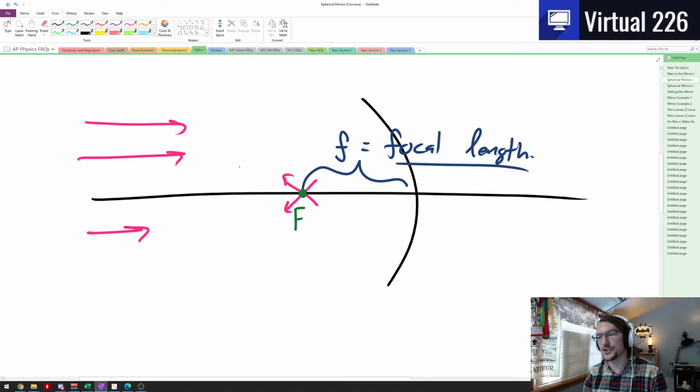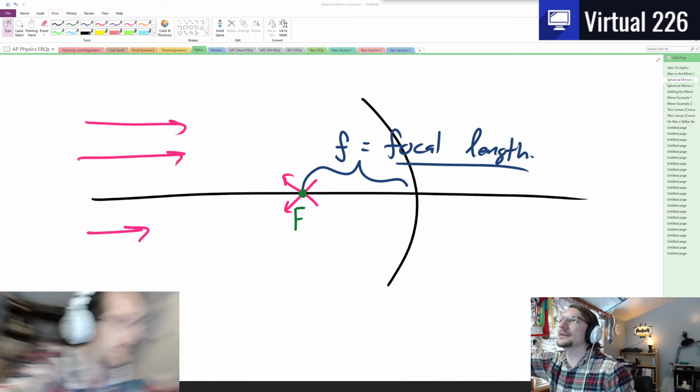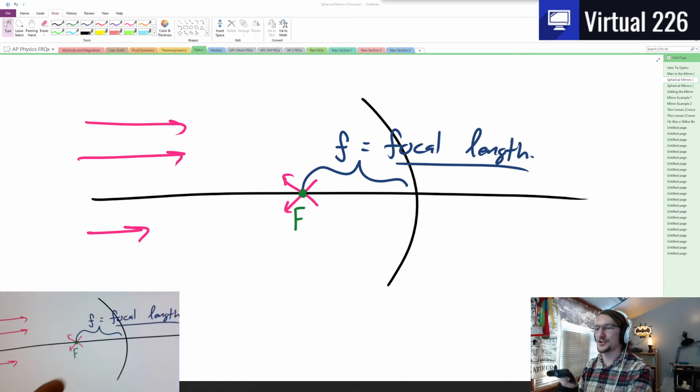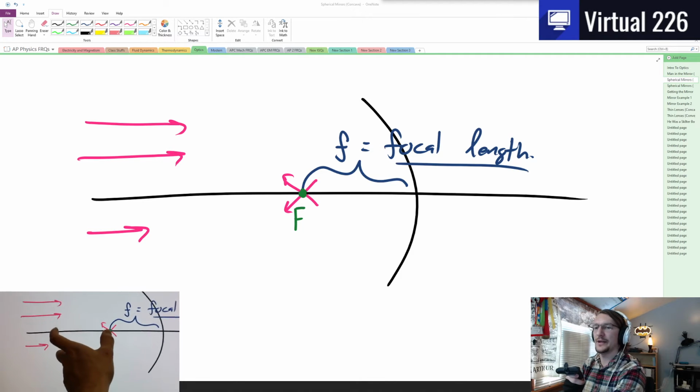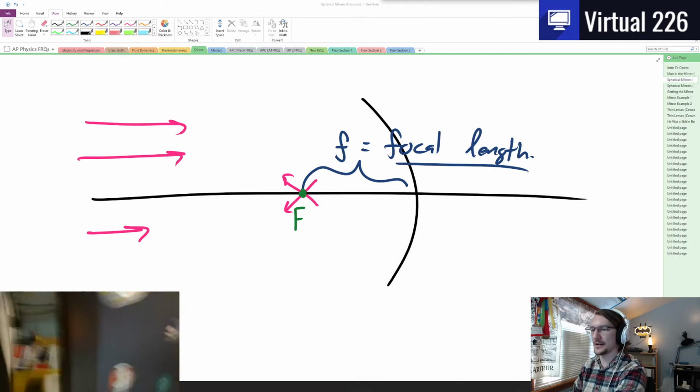The center of curvature takes place twice the focal length away from the mirror. So if this is the focal length, if we go that same distance again, and you can't see this, but I'm literally holding my fingers up to my monitor to try to match the distances. Like I'm literally doing this to see if I can draw it right. I'm going like this, and I'm going whoop, and my center of curvature should be right there.